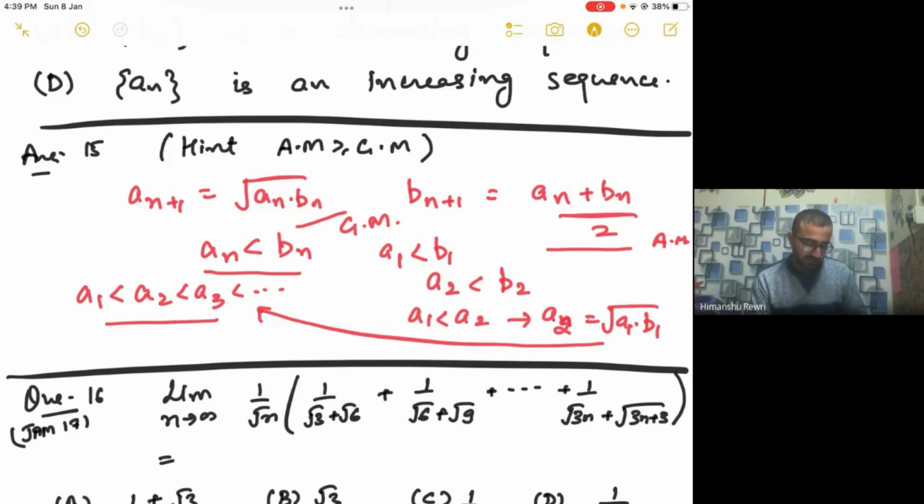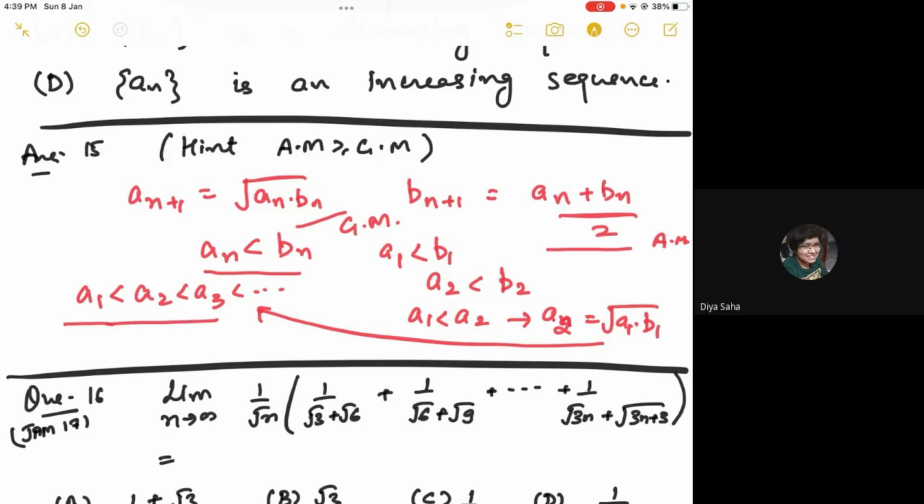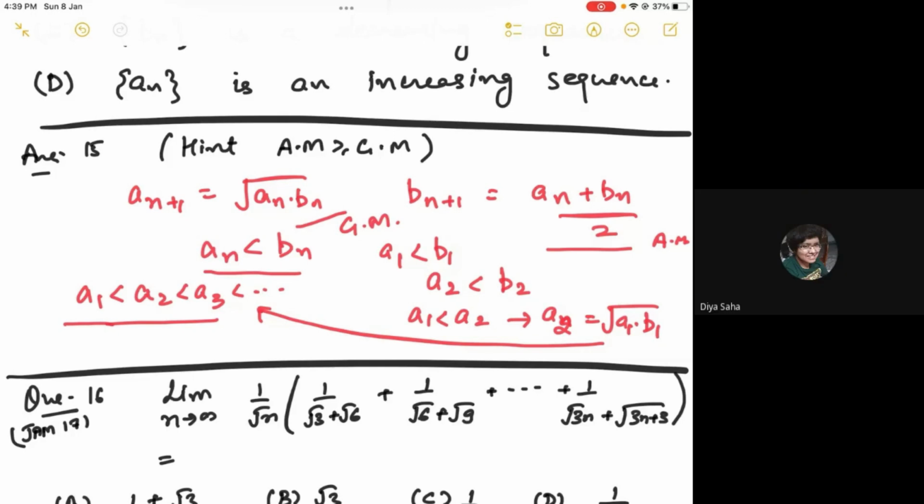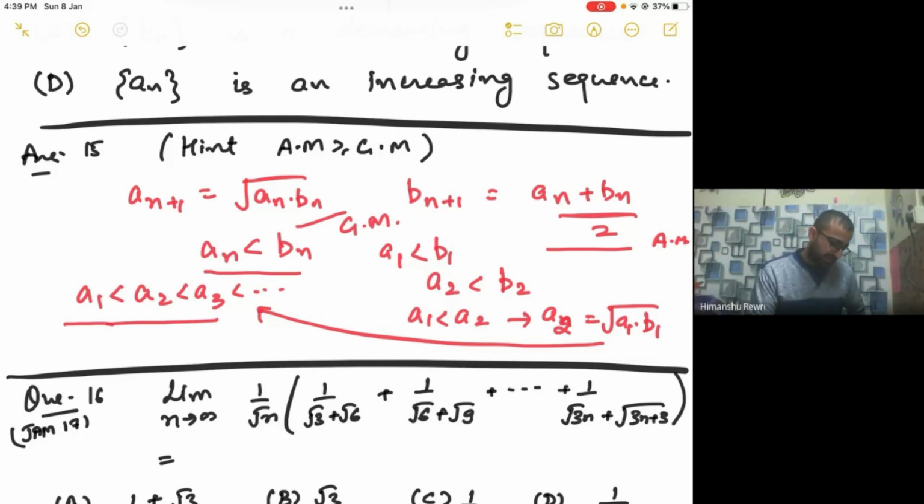So we get that An is an increasing sequence. Is this statement clear? Everyone, is this clear to you? Okay. Similarly, we can claim that B1 is greater than B2 is greater than B3, so Bn is a decreasing sequence.